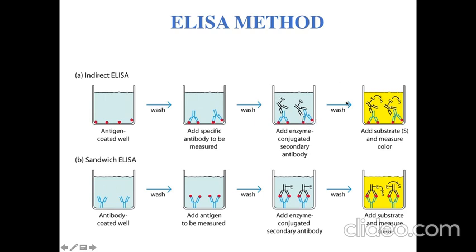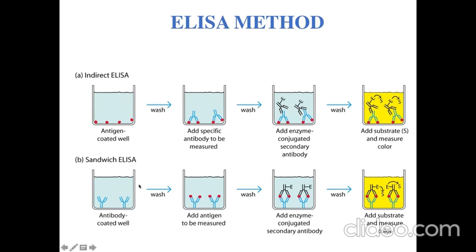Of course, after the washing step, these secondary antibodies will also be eluted, and so the enzyme will also be eluted. So when in the last step the substrate is added, it will not change the color. If the color is not changed, it indicates that the person is not infected with SARS-CoV-2.